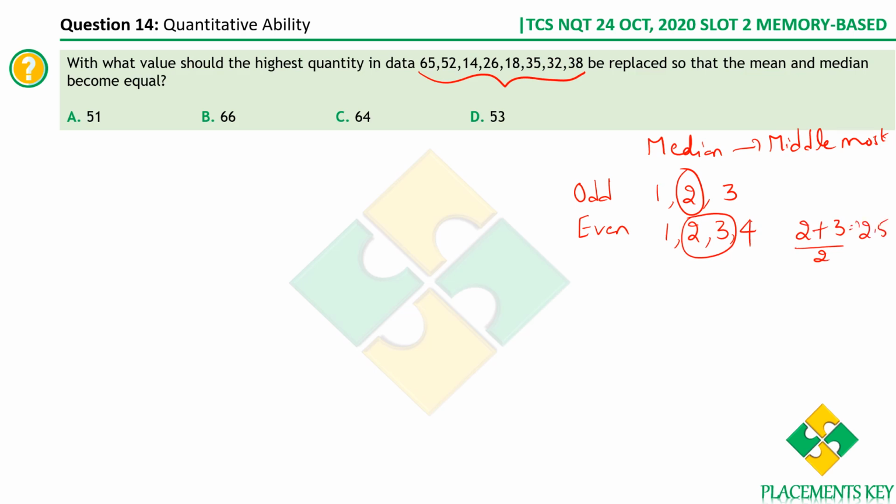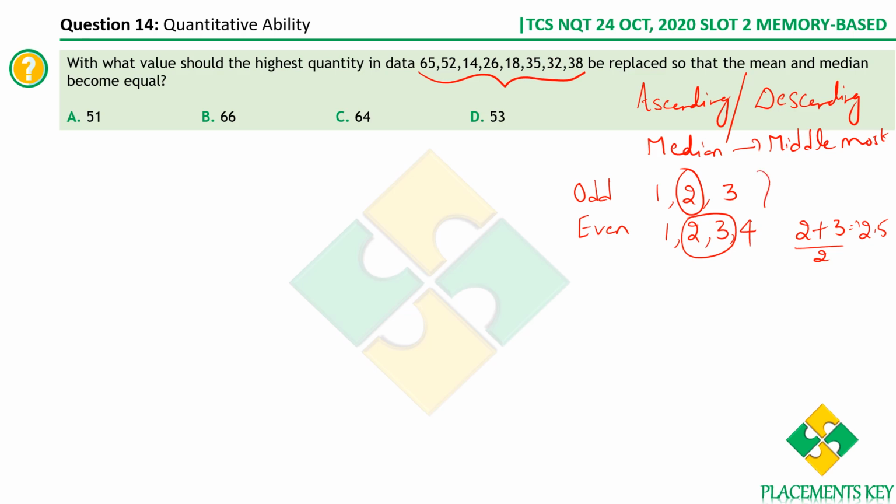Is it clear? So when we have odd terms, you have exactly one middle term and that becomes the median. But when we have an even number of terms, then you have two middle terms, so the median will be the average of the two middle terms. Please remember, the prerequisite is that the series has to be arranged in either ascending or descending order. That will be the first step.